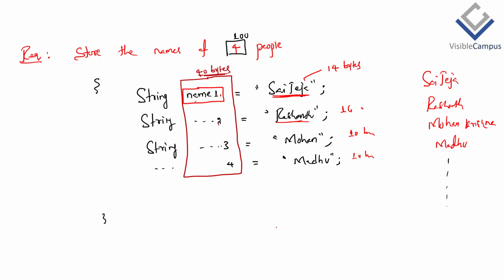If it is 100 employees, 1000 bytes, correct or not? So this is the concern. Can we avoid this? This cannot be avoided for the data of the names, it will consume the same amount of memory. But can we avoid consuming 40 bytes of memory only for variable names?